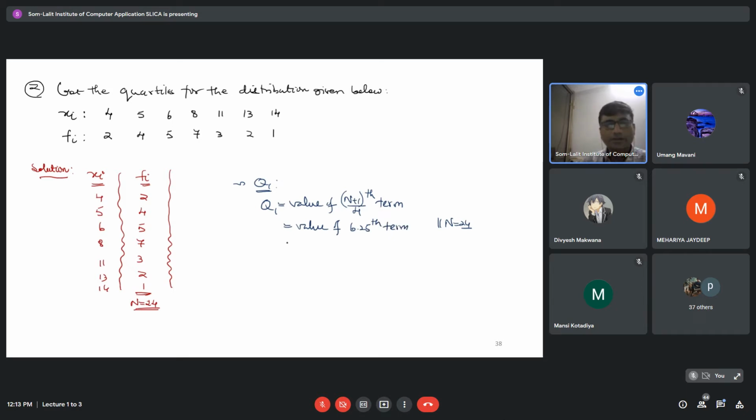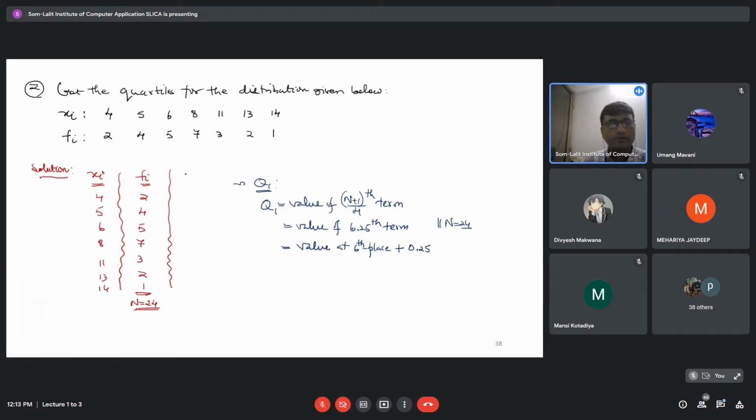Now, normally in such questions when you have such a fractional position, you find the value at the 6th place, that is the 6th observation, plus the fractional part, 0.25. If you want to get the observation at the 6th place, you need the column for CF also.